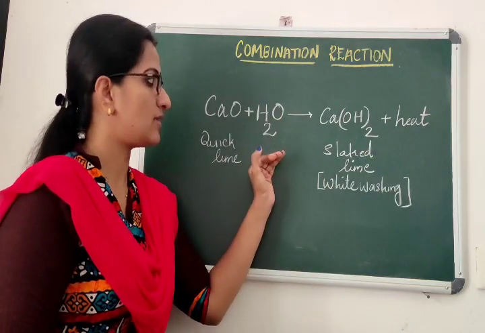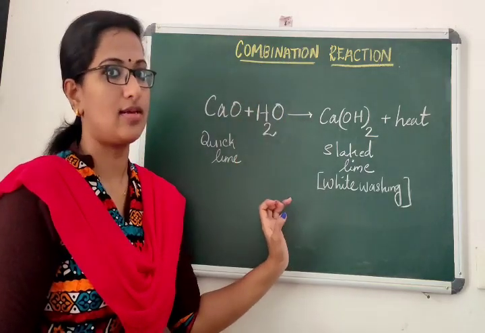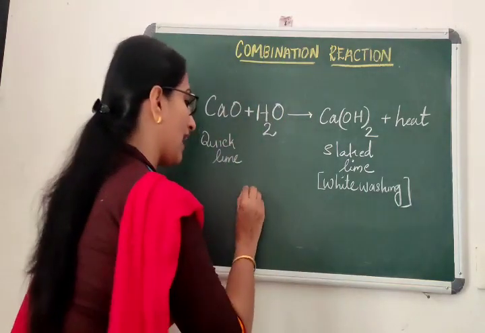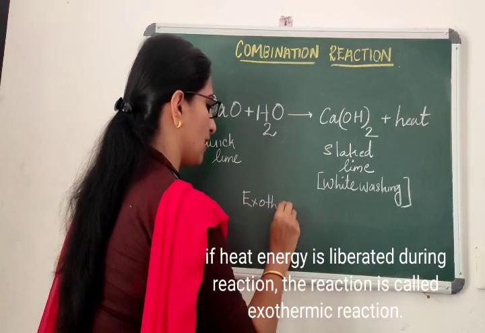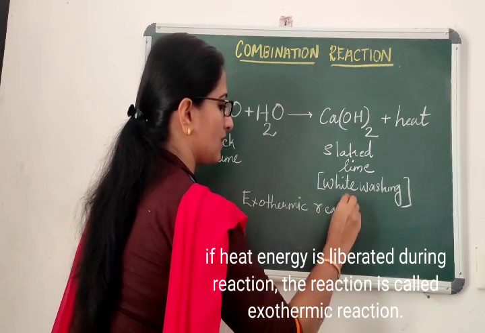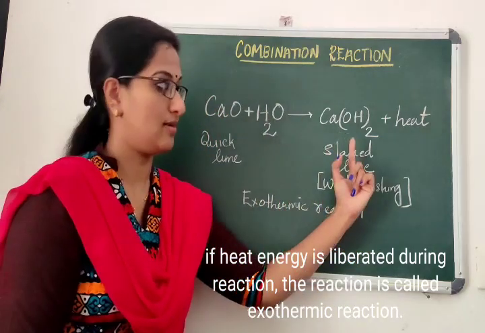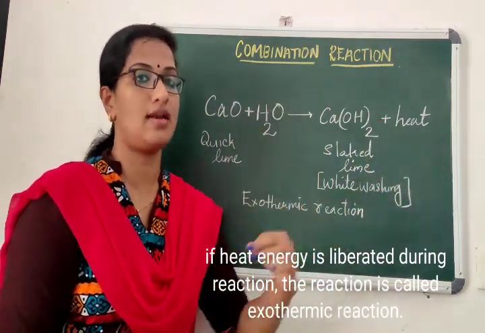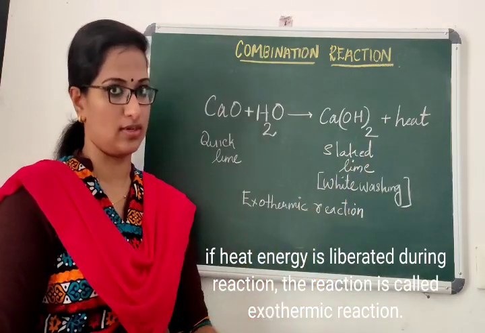So this reaction is one example of a combination reaction, and this reaction is an exothermic reaction. Why is this reaction known as exothermic? Because during the reaction, a large amount of heat energy is produced. As a result, this reaction is exothermic.